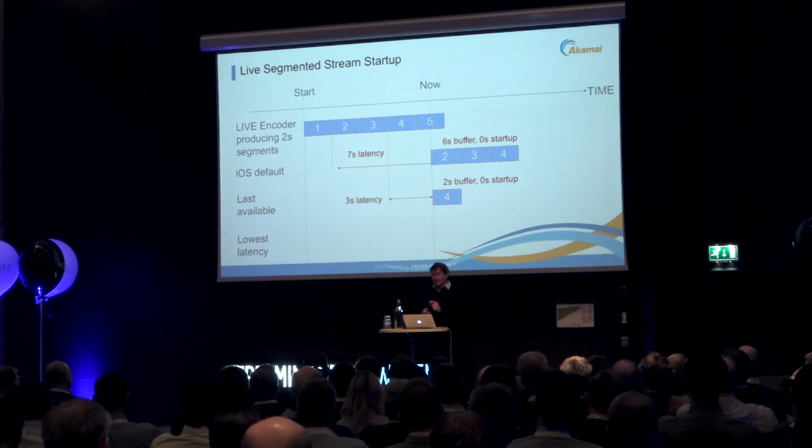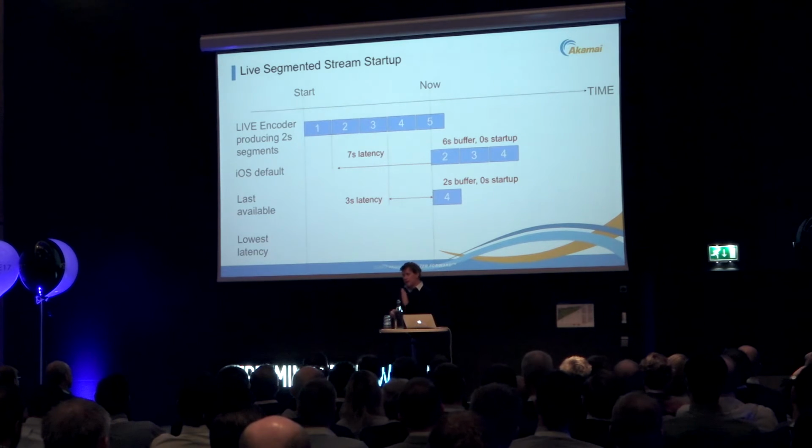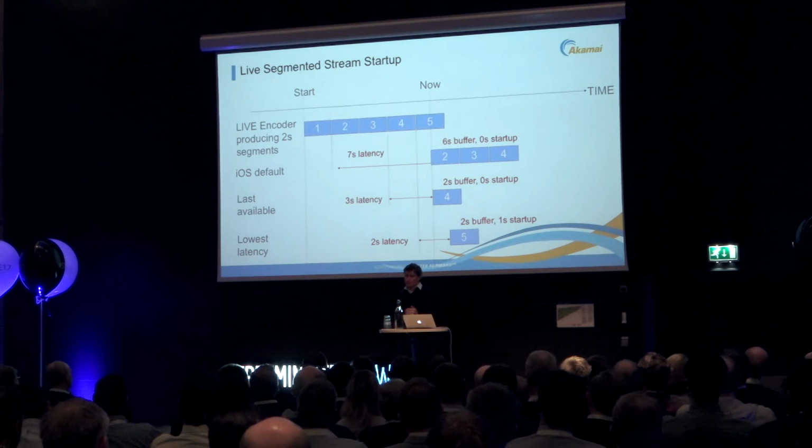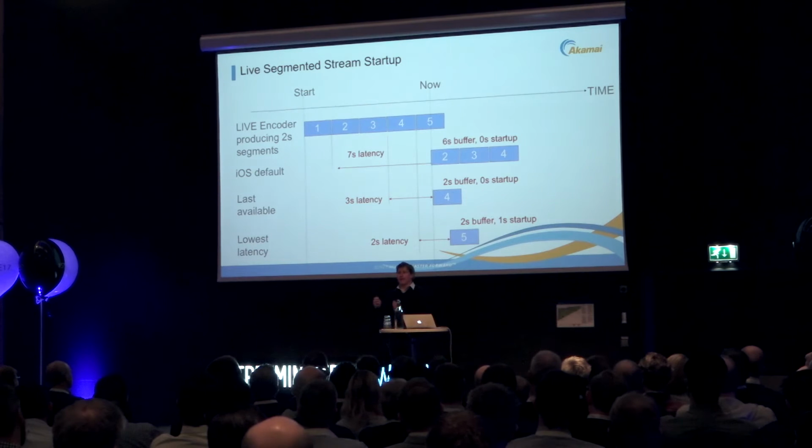And in fact, if you look at this carefully, you can decide, hey, I can reduce the latency even further by waiting and grabbing segment 6 or segment 5 immediately when it's done being encoded by the encoder. So if I wait 1 second, I can grab segment 5, and now my latency would be 2 seconds. So this is an example where actually increasing the stream startup time lowered our overall hand-waving latency.